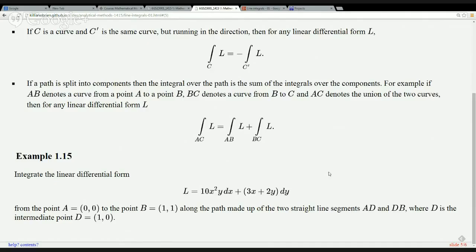And on the second bit, the x coordinate is fixed at 1. So that just looks like 3 plus 2y dy. And so the integral along C2 of L is the integral, y going from 0 to 1, of 3 plus 2y dy.